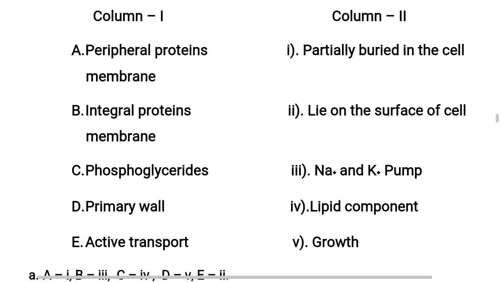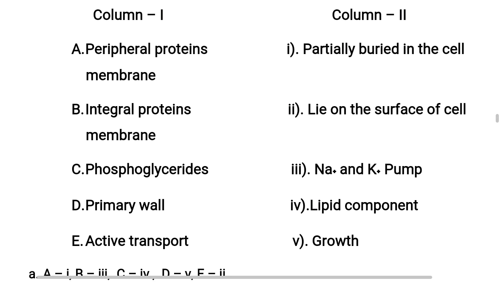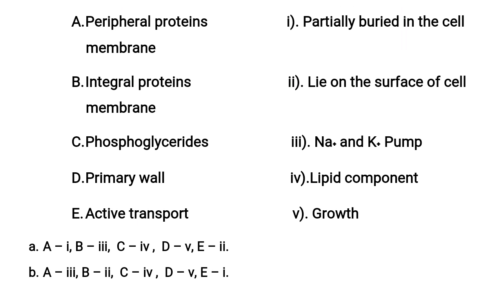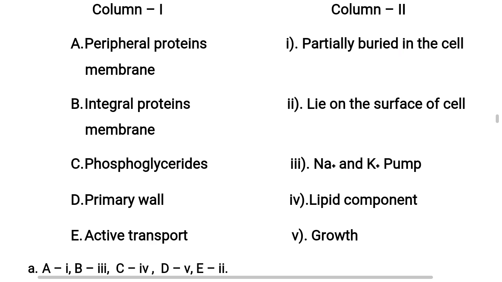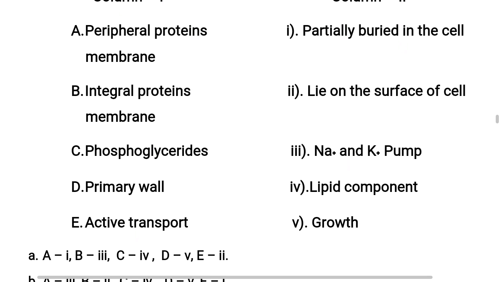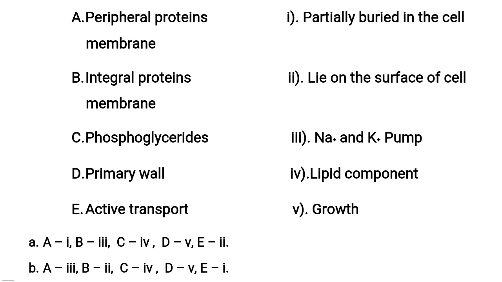They lie on the surface of the cell membrane. So A is matching with Roman number 2. Understand? Next, integral proteins. Integral proteins are generally buried in the cell membrane. They are present inside the cell membrane or plasma membrane. That's why they are called integral proteins. Understand? So B is matching with Roman number 1.